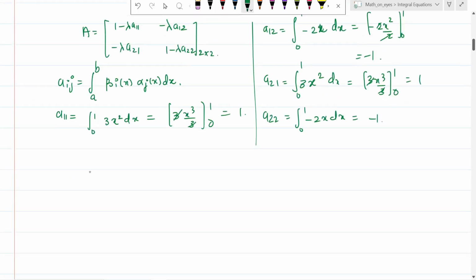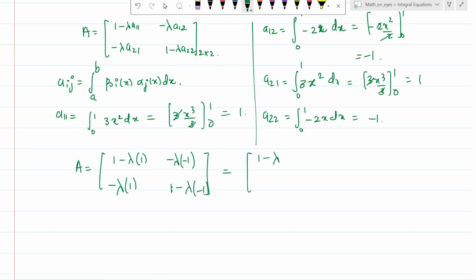We write the matrix A, which is 1 minus lambda a11, so 1 minus lambda into a11 is 1, then minus lambda a12, which is minus 1, then minus lambda a21 is 1, and then 1 minus lambda a22, which is minus 1. So this is equal to 1 minus lambda, minus lambda, lambda, 1 plus lambda.